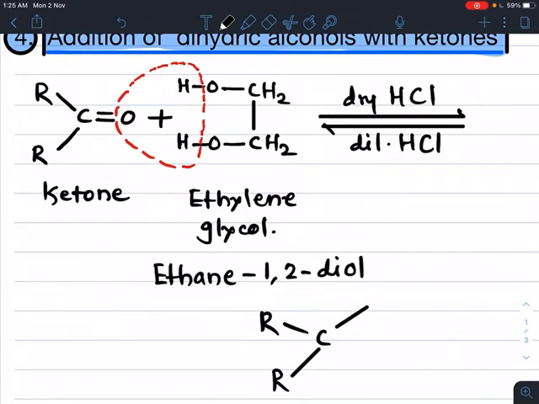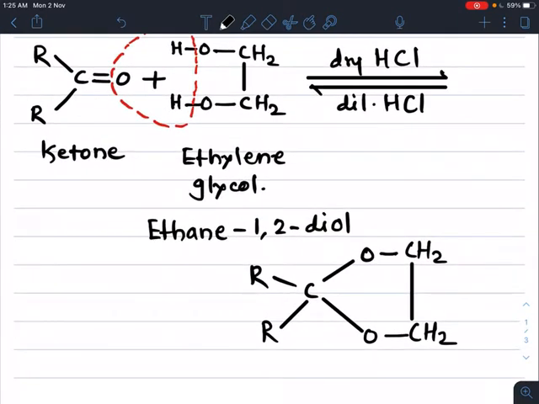This one bond of carbon is bonded with this CH2, further it is bonded with the other CH2, which is bonded through the oxygen to the carbon. The name of this compound is cyclic ketal.